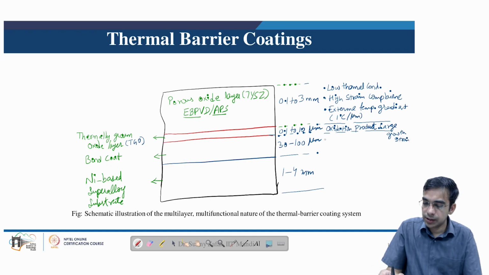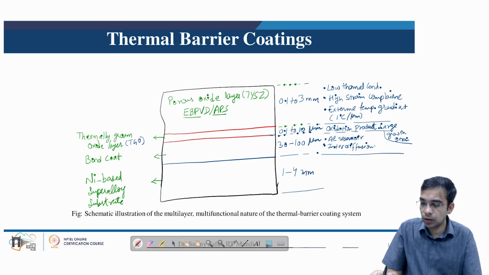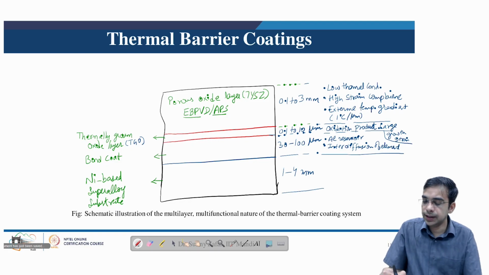Then the bond coat is there. The bond coat acts as the aluminium reservoir to form aluminum oxide. It is also responsible for interdiffusion of elements between the bond coat and the nickel based superalloy.